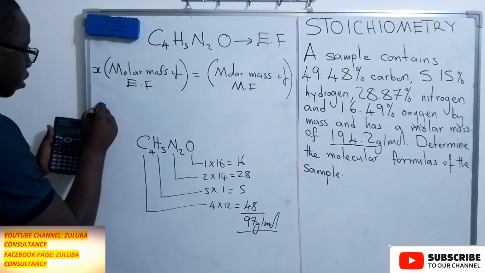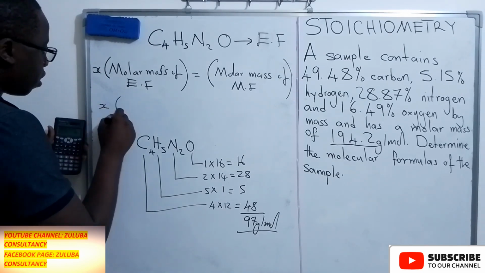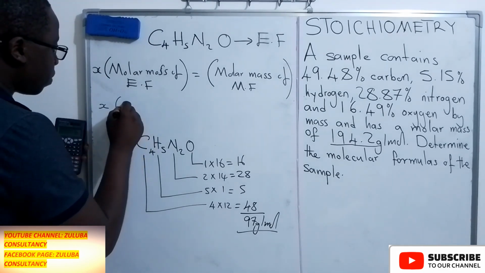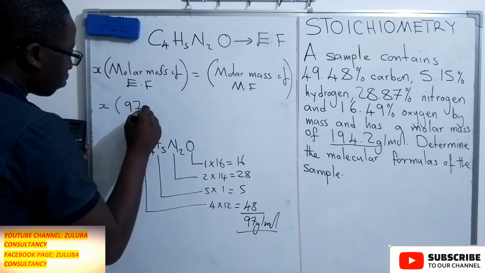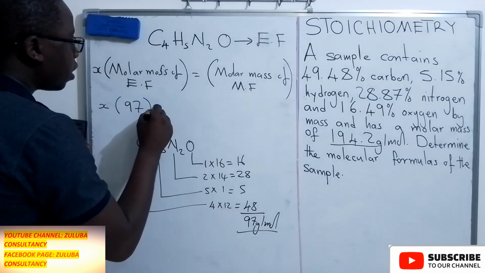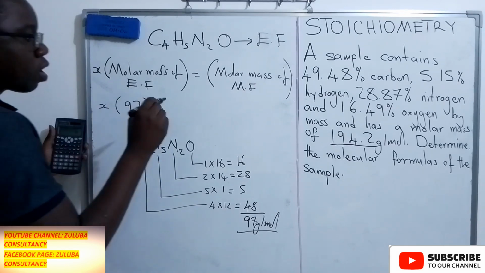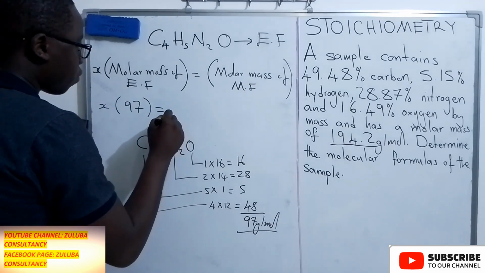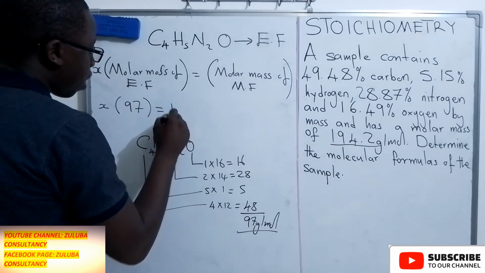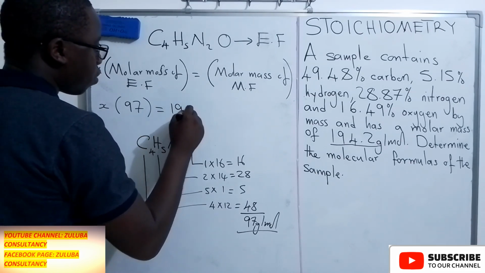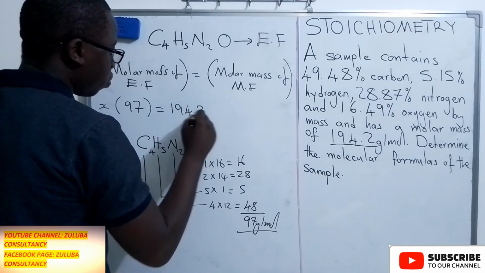So we are saying X, times the molar mass of the empirical formula, which is 97, close bracket, is equal to the molar mass of the molecular formula, which is 194.2.